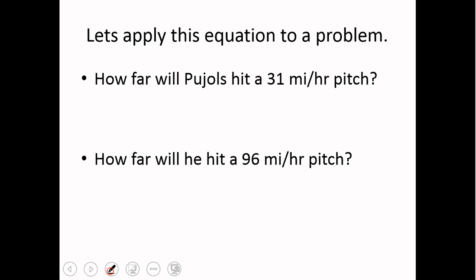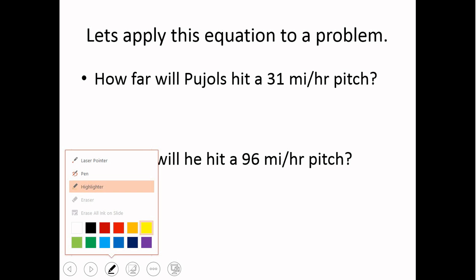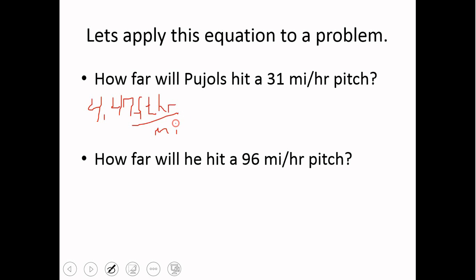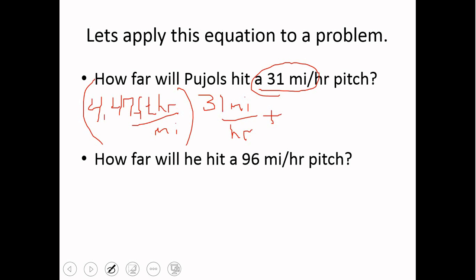And again, we got that nice equation we did. So it says, how far will Pujols hit a 31-mile-an-hour pitch? So all we have to do for this is take our equation, 4.47 feet hours per miles, times our x value, which in this case we're going to call 31 miles per hour, all right, plus the 152 feet.